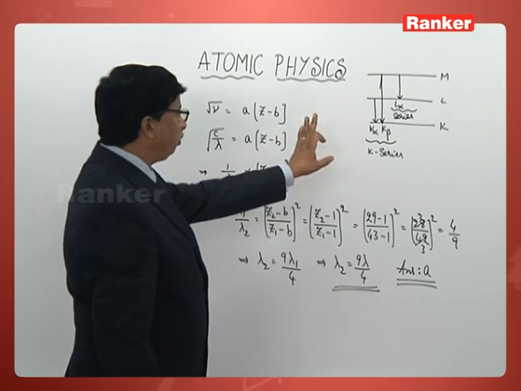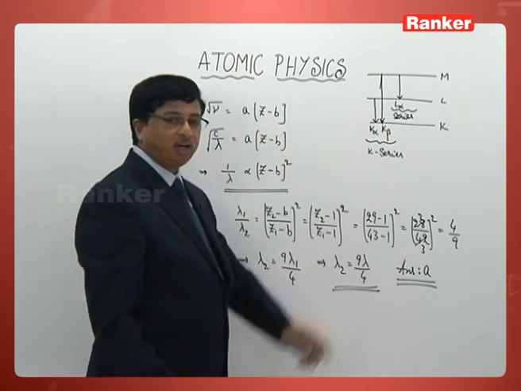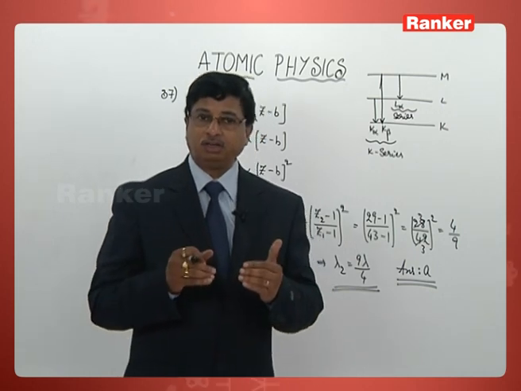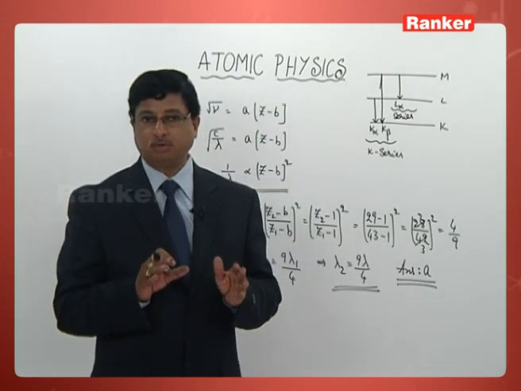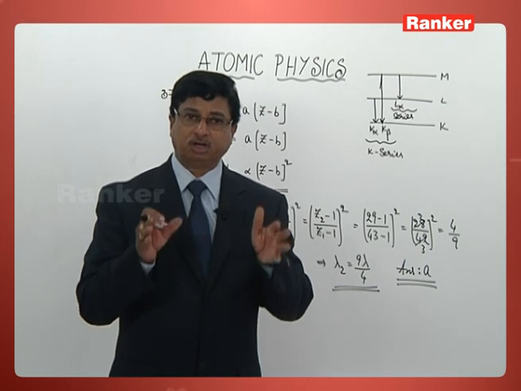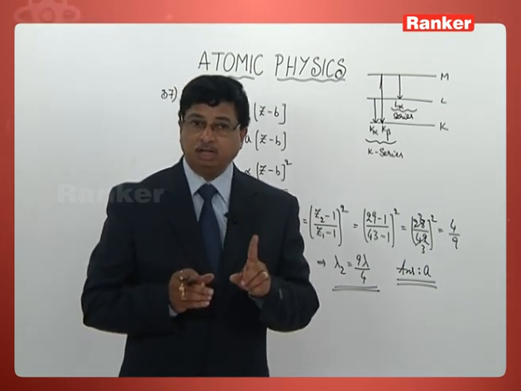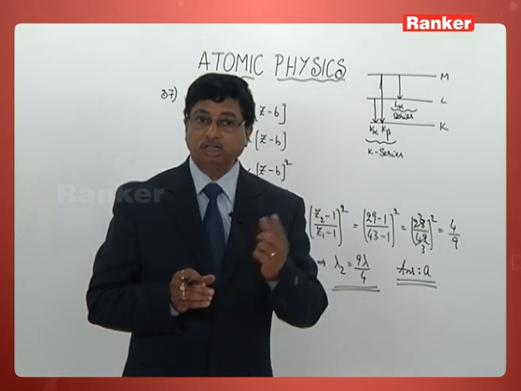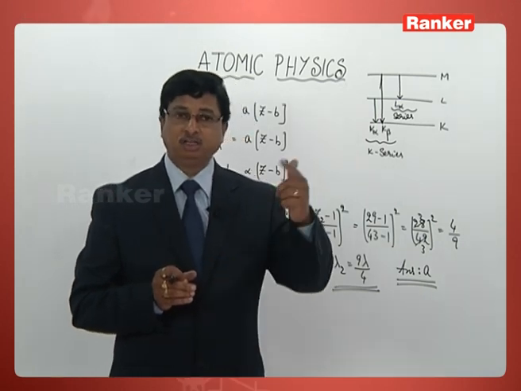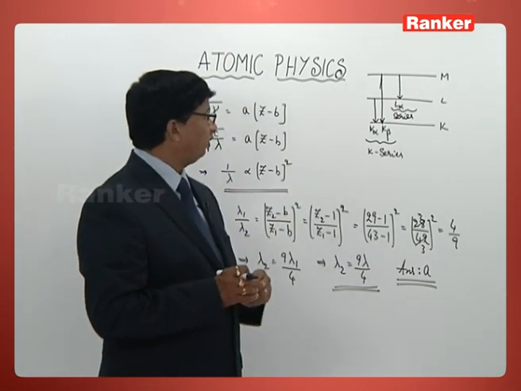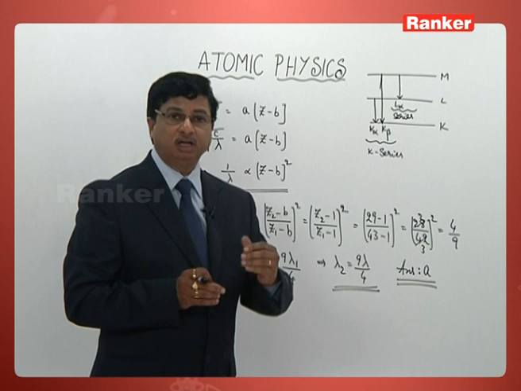So what you need to understand in this case is, what is a K-series? First of all, you should recollect. In the spectrum of X-rays, you will find the K-series whenever an electron is transiting into the K shell from any other outer shell, like from L to K it is K alpha, M to K it is K beta, and so on.